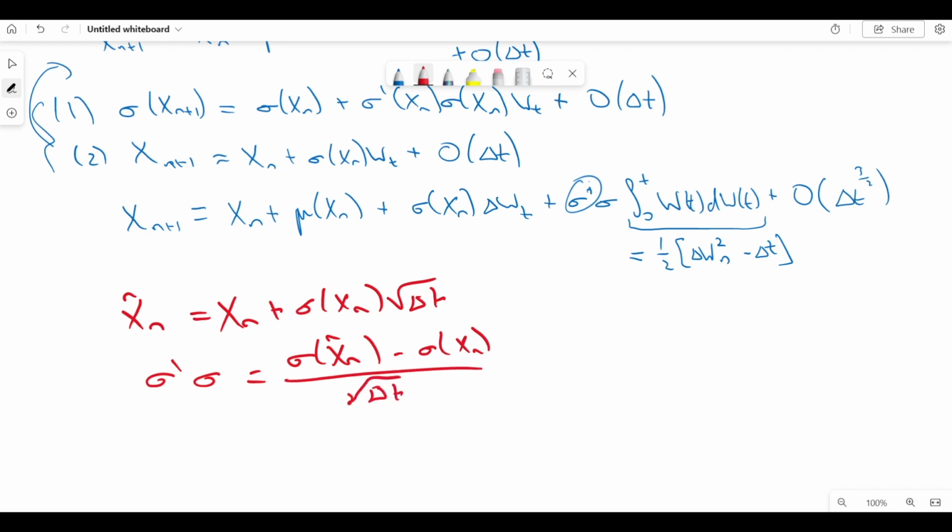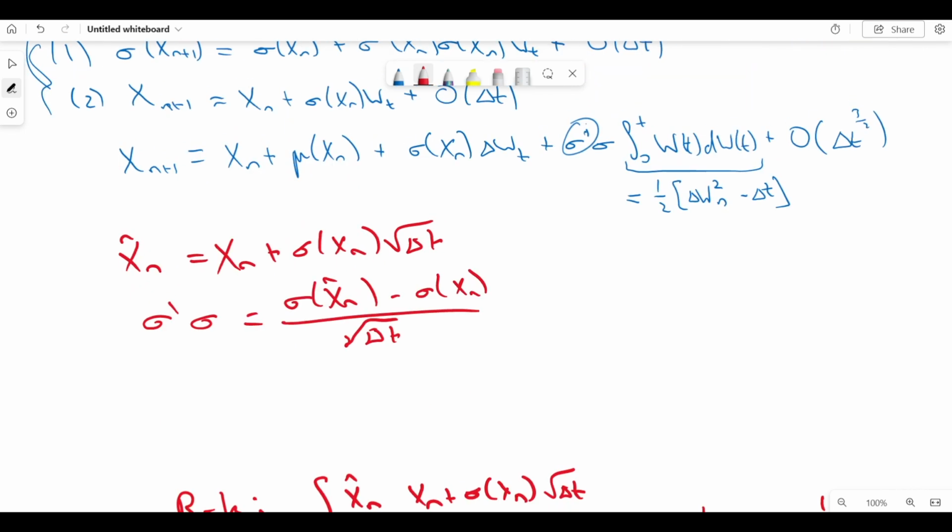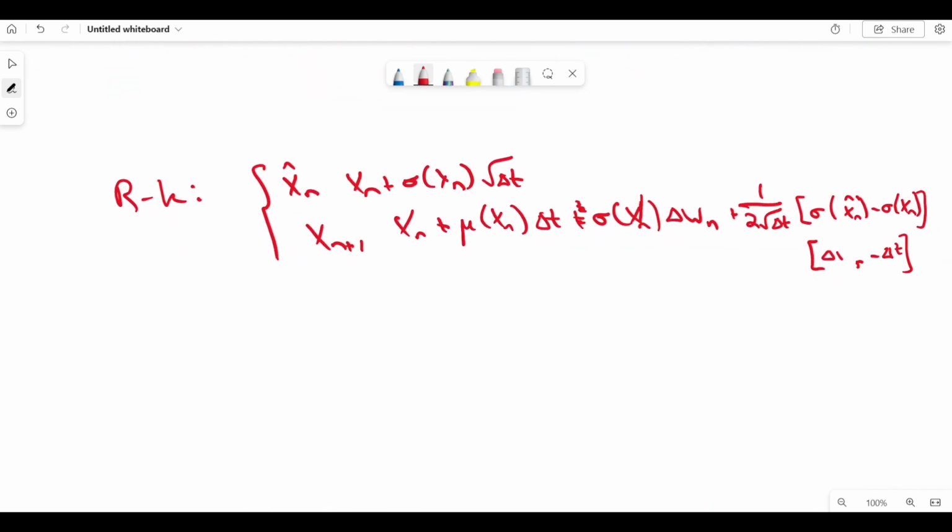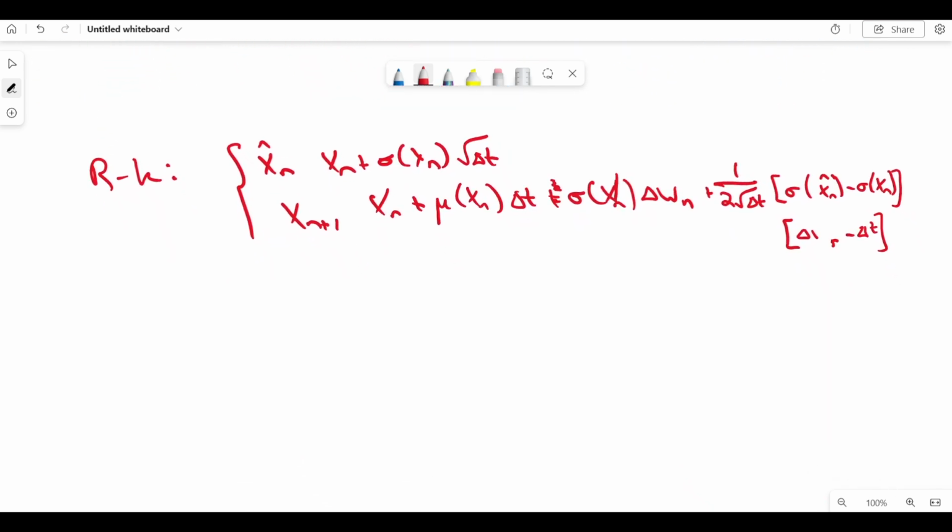Substituting this back into our equation over here, which I'll call star, gives us the final Runge-Kutta scheme. At every time step, first we calculate xn hat, and then secondly, we plug that into our expression for x at the next time step.